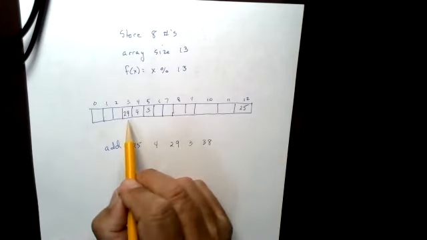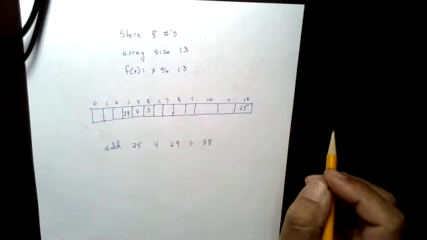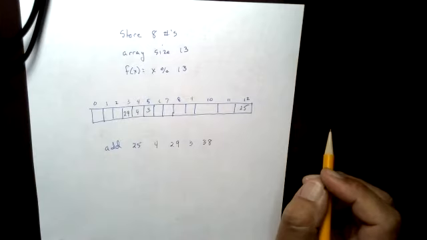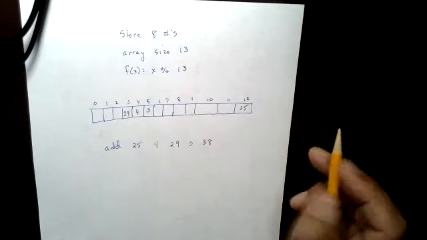I try to put it here, it doesn't fit in, so I have to linear probe over 2 spots. So 38 would go to 0.